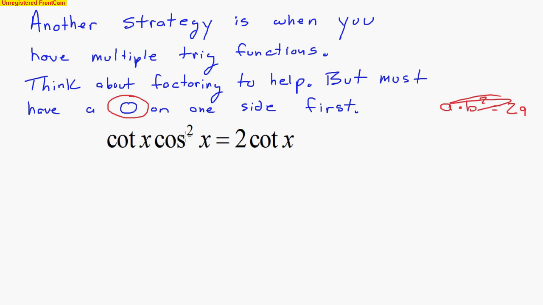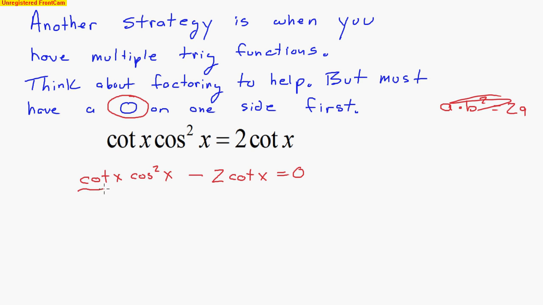Well, here's the idea. First thing I'm going to do is I'm going to subtract the 2 cotangent over. Because remember, I cannot factor until I have a 0 on one side. So I have cotangent x times cosine squared of x minus 2 cotangent of x equals 0. Now what I'm going to do is I have two terms here. Remember, terms are anything separated by a minus or plus sign.